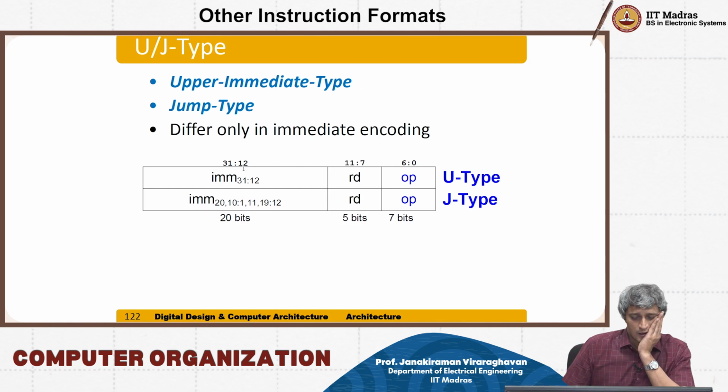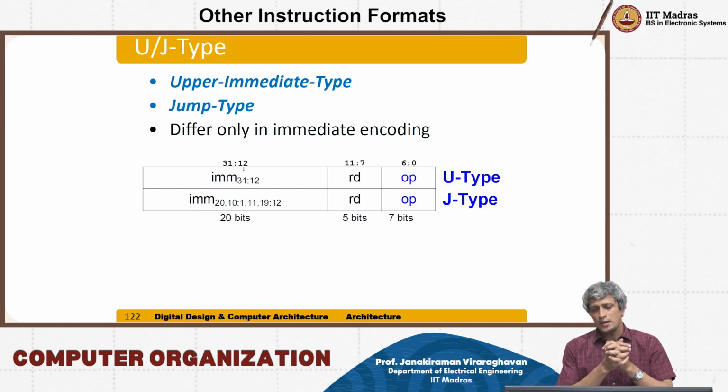Now this is another important aspect for us. It turns out that we were able to do only 12-bit immediate operations. If you want to bring some immediate data into a register, then you cannot do it 32 bits at a time. It has to be done on the lower bits. You can get 12 bits first, but what about the higher bits?